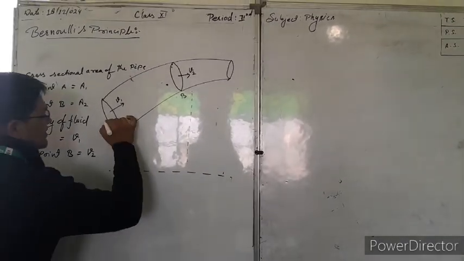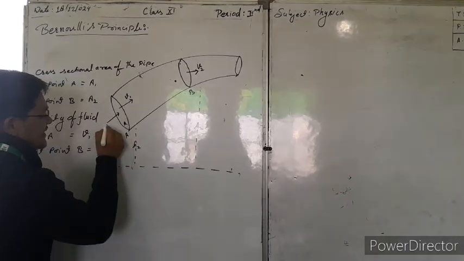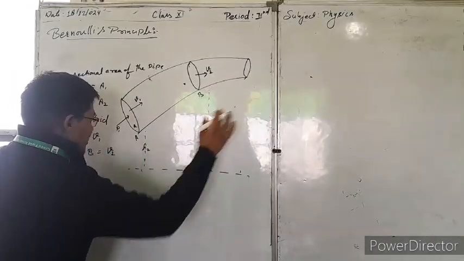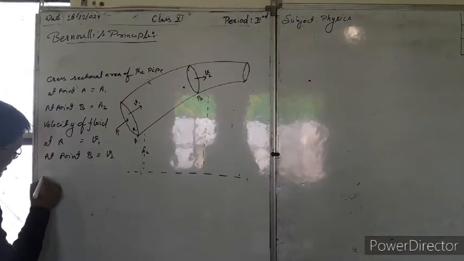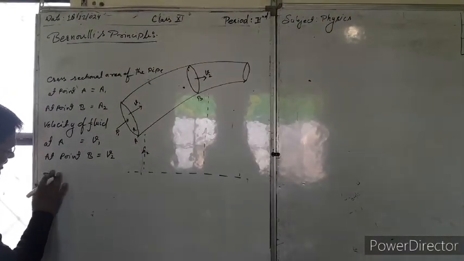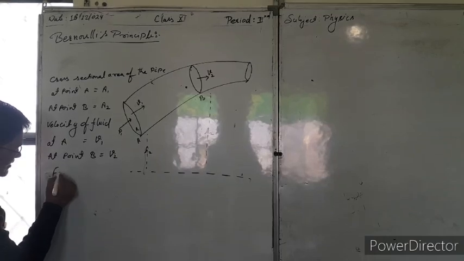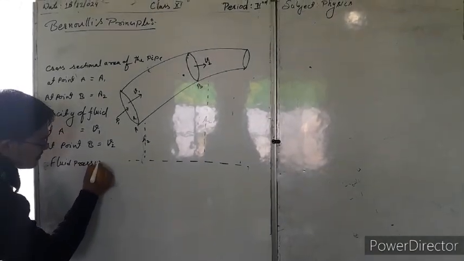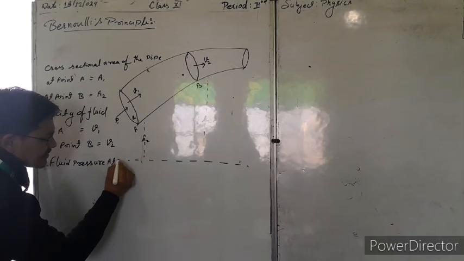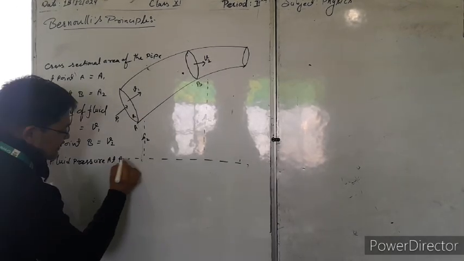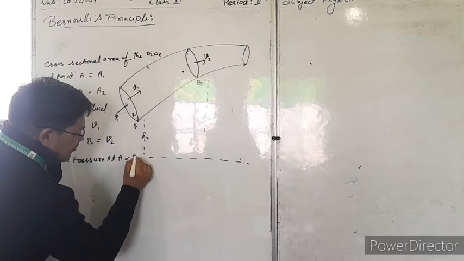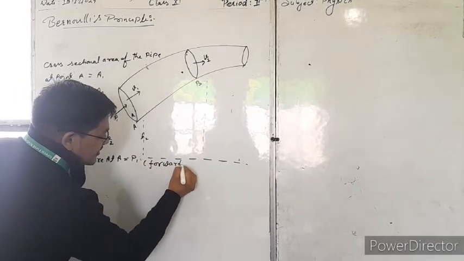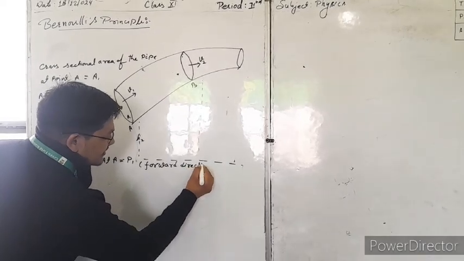Suppose the fluid pressure at point A is P1, and it is in the forward direction. Is that clear?